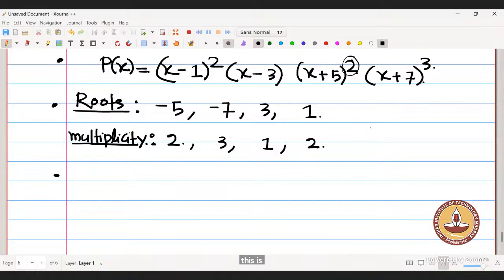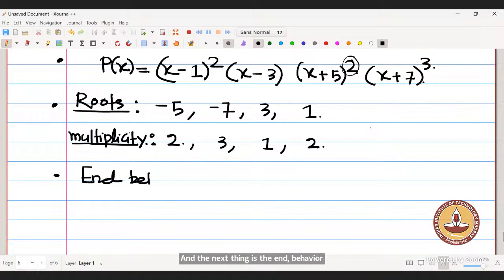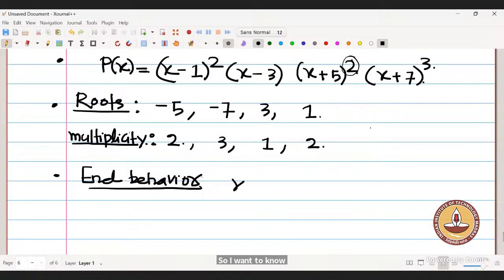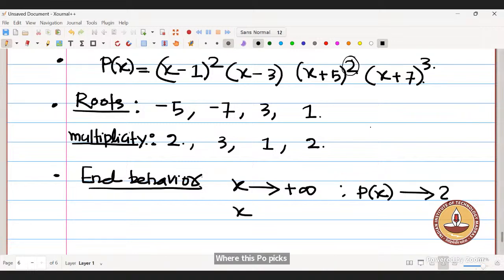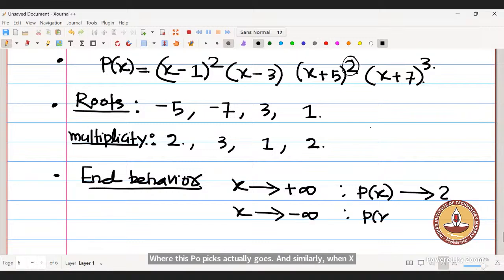The next thing is the end behavior. I want to know where this polynomial goes as x tends to plus infinity, and similarly where p of x goes as x goes towards minus infinity.